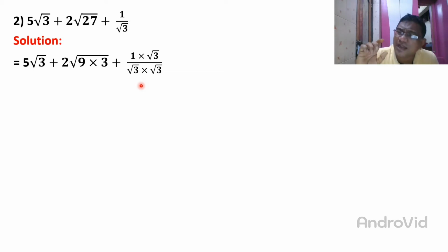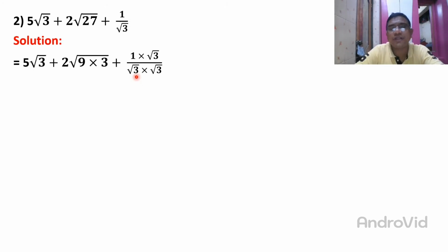So you want to rationalize the root 3. See, here is the root 3, so that root 3 is to be rationalized. Rationalize means the denominator is root 3, so we multiply the denominator by root 3 and also multiply the numerator. If you want to rationalize a number, whatever the denominator is, that denominator is multiplied to the denominator as well as the numerator.